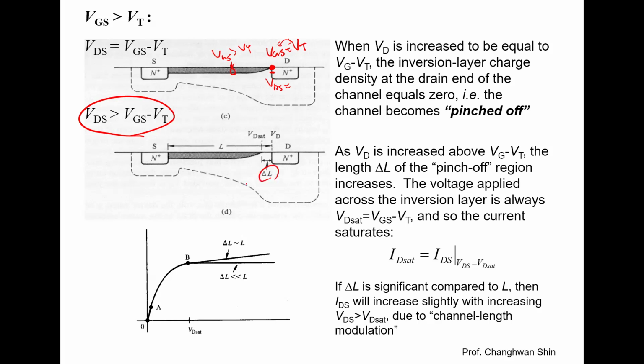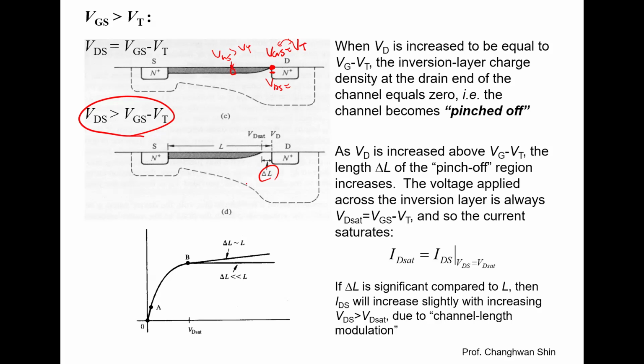Remarkably, the voltage across the remaining inversion layer stays constant at VD sat, VG minus VT, regardless of how much we increase VD beyond this point. So this causes the current to saturate, hence the name saturation region.